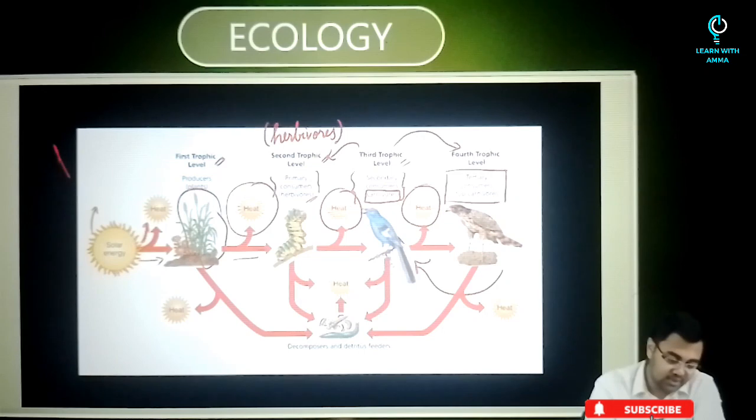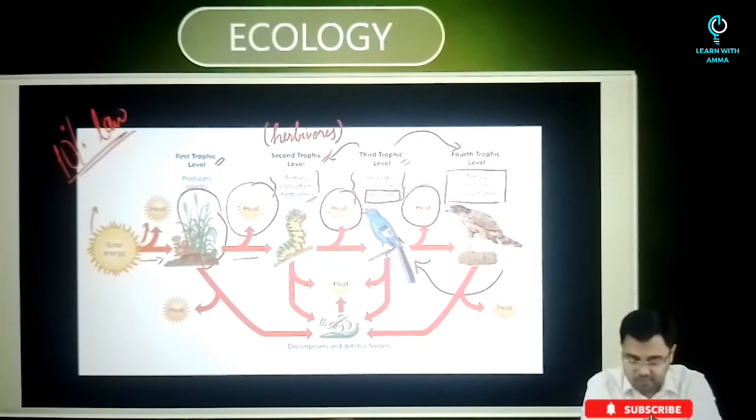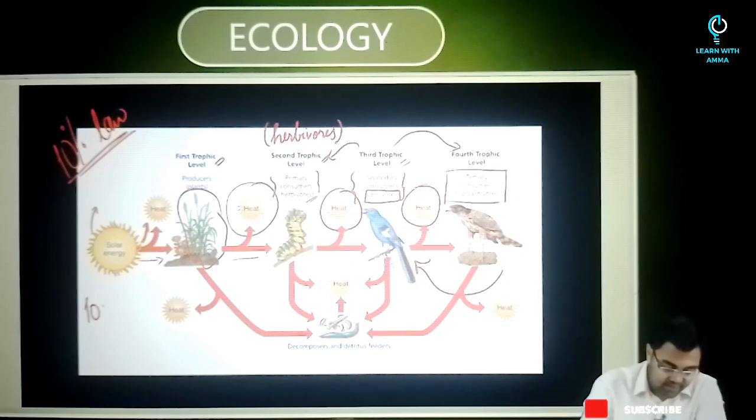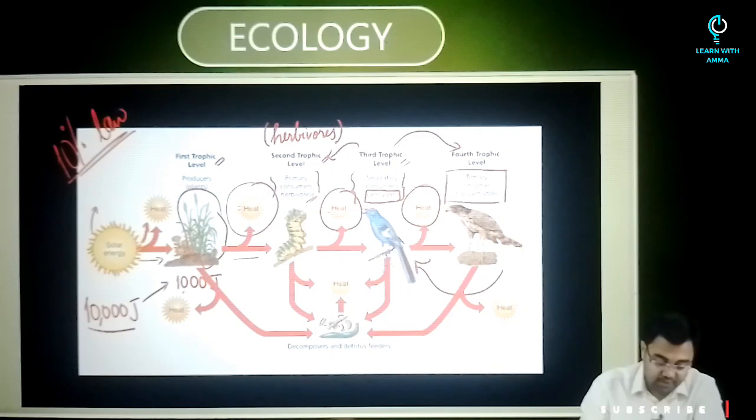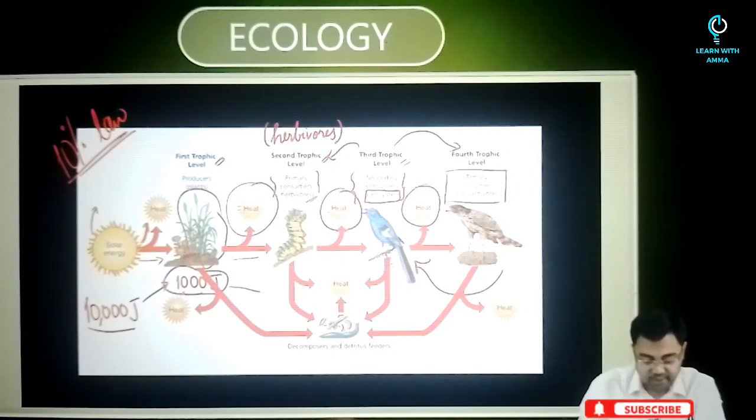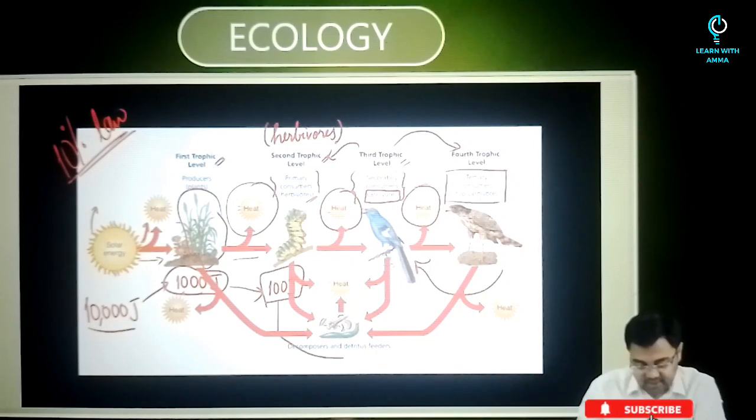Basically what happens is we follow a 10% law. What is the 10% law? If you had, let's say, 10,000 joules of energy from the sun, the transfer that will happen from this to this would be only 1000 joules. From here to here, you just get 100 joules. From this, again the 10% law is followed and you just get 10 joules.